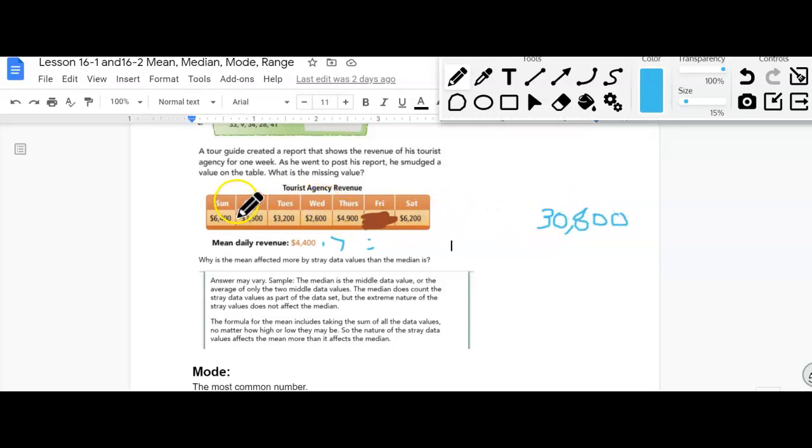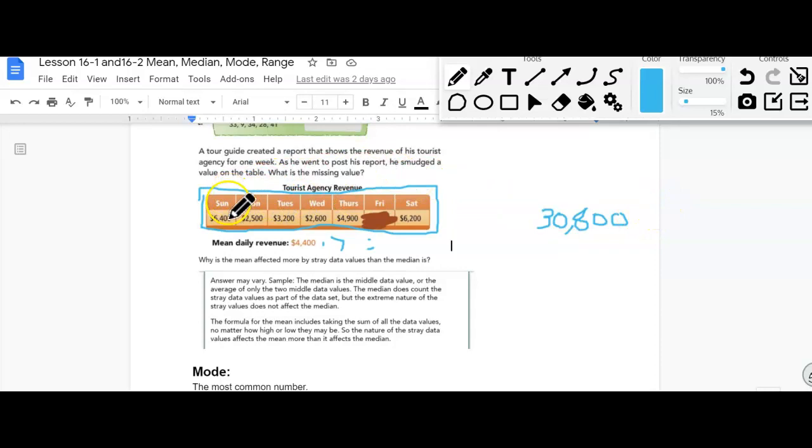This is the value that all of these days need to add up to be. So all of our revenue needs to total 30,800 because this is our mean times each day. That's the total amount of revenue.